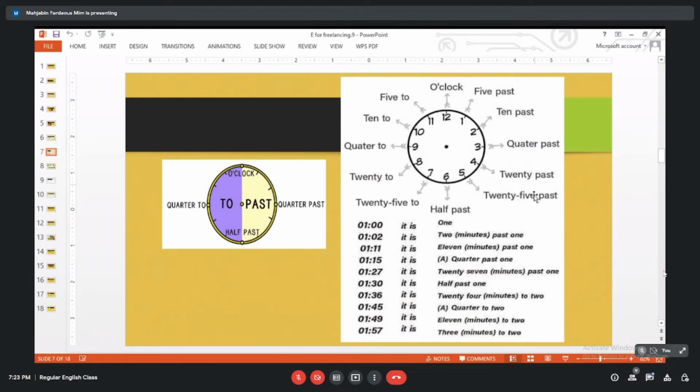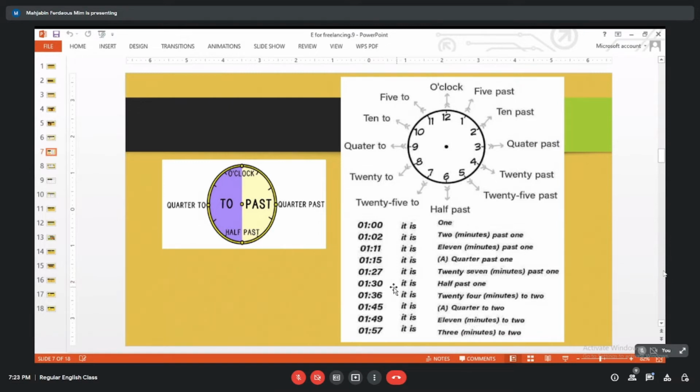This is the whole illustration of how you will speak while the minute portion is at zero. It's sharp 1 o'clock. Then it is running forward, and it will be 'past' until it reaches 1:30.